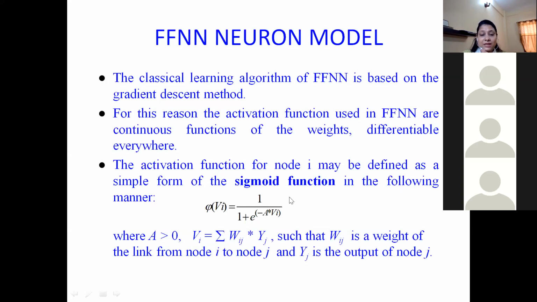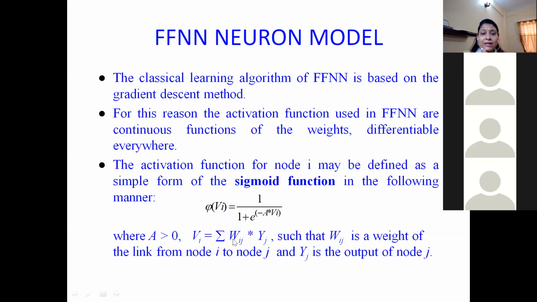Obviously every time we have some connecting link which shares the connection from node i to node j. So the weight values, the weight vector, represent the value of the weight coming from node i to node j, and yj is the output of the next node, that means node j.